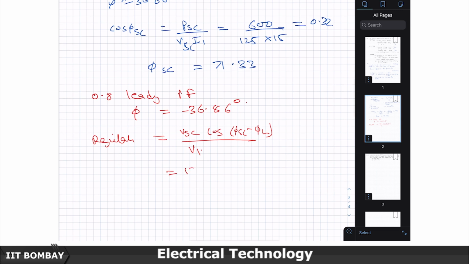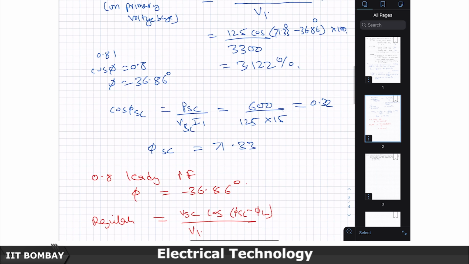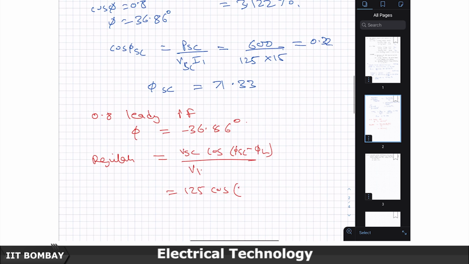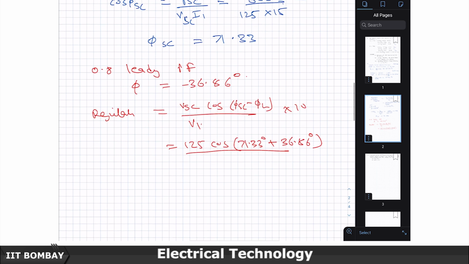So, 125 cos of 71.33 degrees, minus minus will become plus, 36.86 degrees, divided by 3300 into 100.